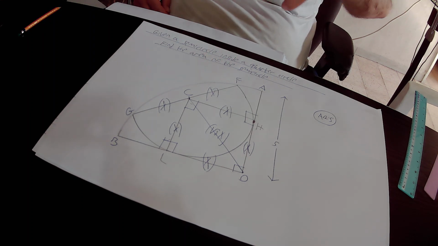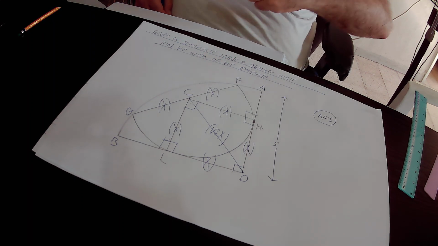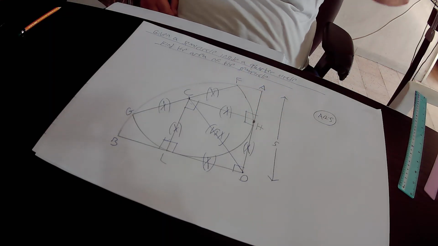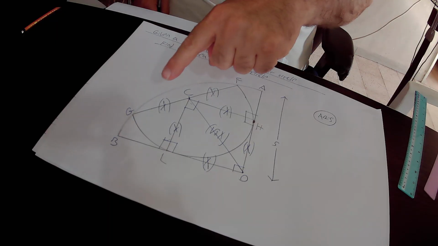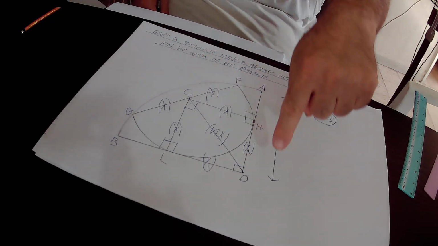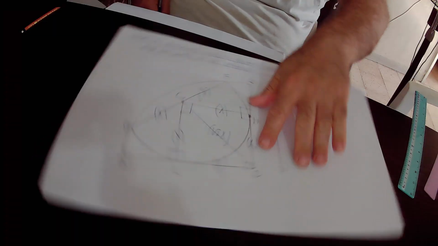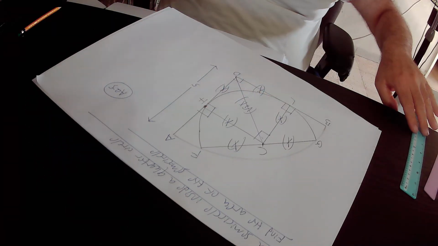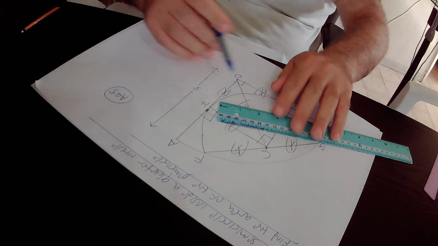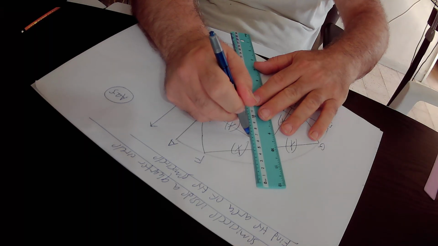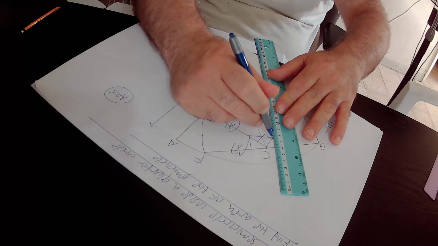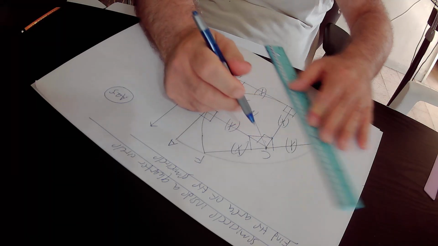So all the requirements of rule 7 are satisfied, and therefore we can implement rule 7 here. According to rule 7, line segment OC will also be perpendicular to FG. If OC is perpendicular to FG, it means that this angle equals 90 degrees, and this angle also equals 90 degrees according to rule 7.